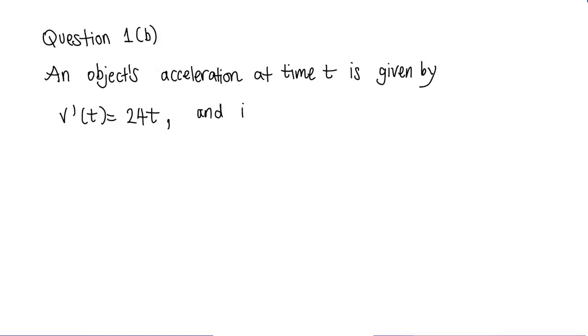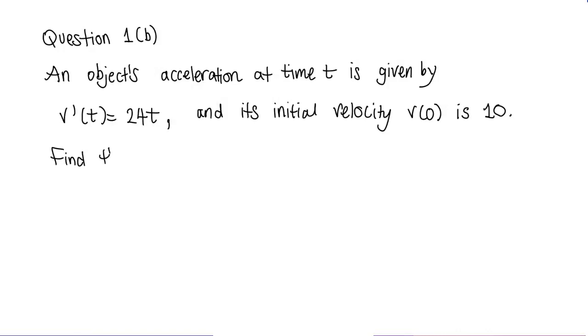And its initial velocity, v of 0, is 10. We want to find the velocity function v of t.